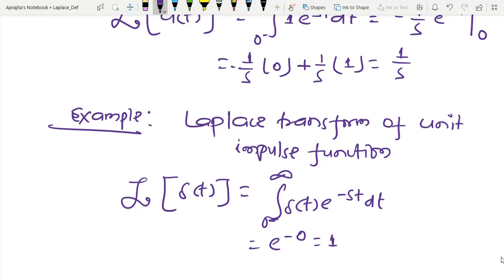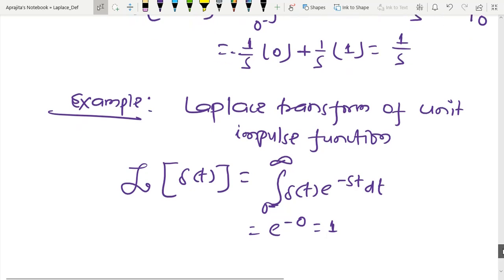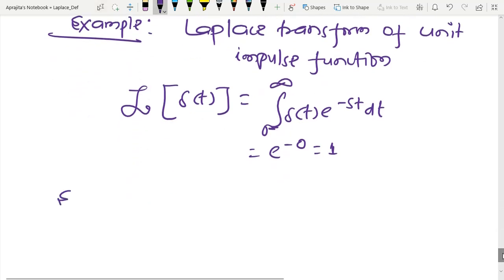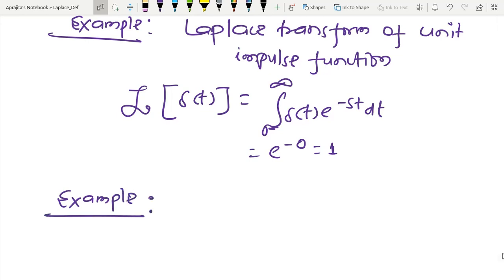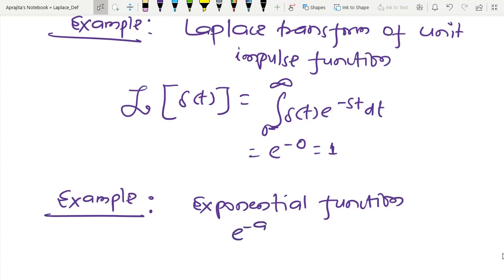And suppose I have to calculate the third example. Whatever examples I am making here are useful for circuit applications. So suppose I have some kind of exponential function, and I denote that exponential function by e power minus at times ut, where ut is the unit step function, and a is greater than or equal to 0.